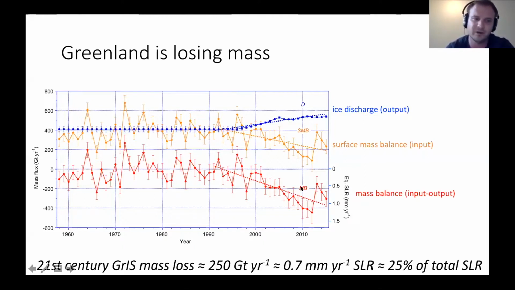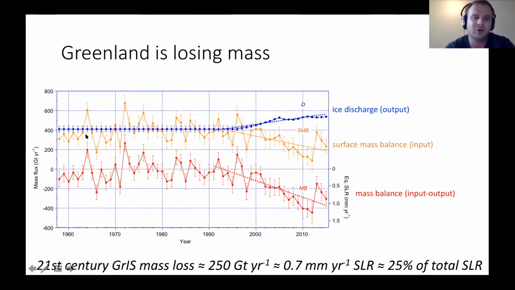Right now we're at a mass balance of around minus 250 gigatons per year. But as you can also see in this red line, there's a huge variability from year to year. Even when there is no trend prior to the 1990s, you can see that the mass balance varies a lot from year to year, several hundreds of gigatons, and that's a lot.